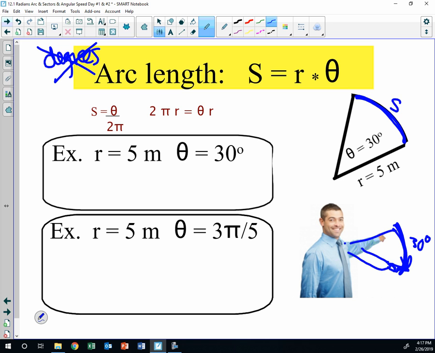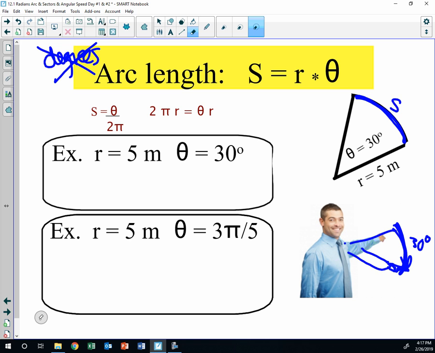So it starts at the bottom here and moves up to the top. The radius, r equal 5, is going to make a difference on how far it is. We can still have an angle of 30, but if your radius is smaller, that arc length will be shorter. So we will be able to find this arc length.